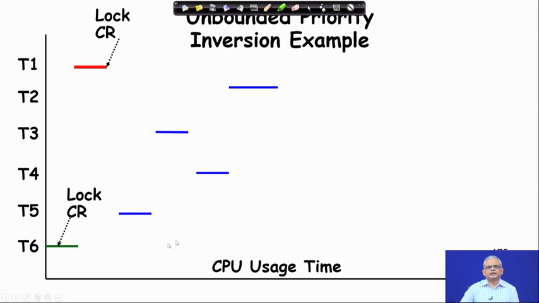And all the while T 6 is kept waiting, it cannot really complete its uses of the critical resource.